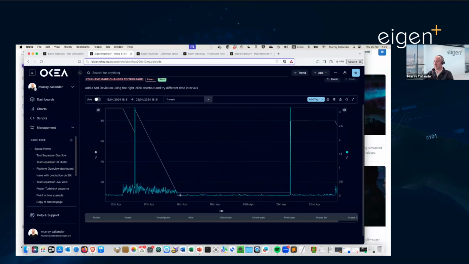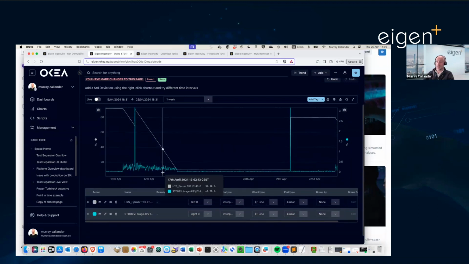Here we can see that we've got quite nice separation already, almost. This is such a clean level that we've really got no problem seeing the difference. But by default, this has added a 10-minute standard deviation. So we could say we can tell the difference on this tank easily with a standard deviation of 10 minutes.